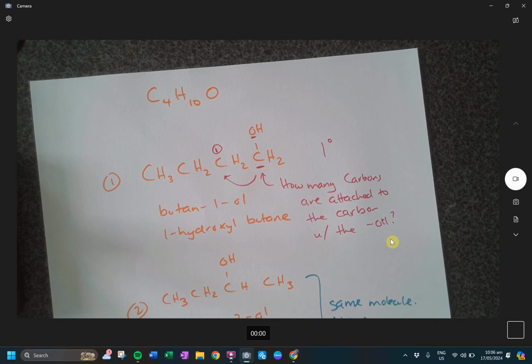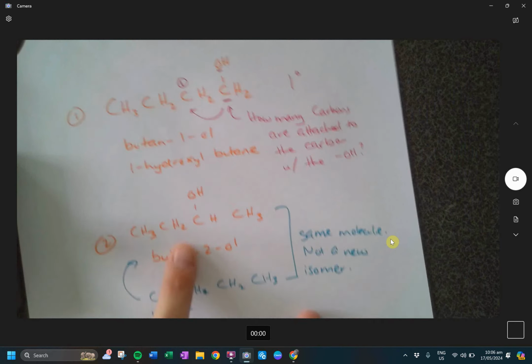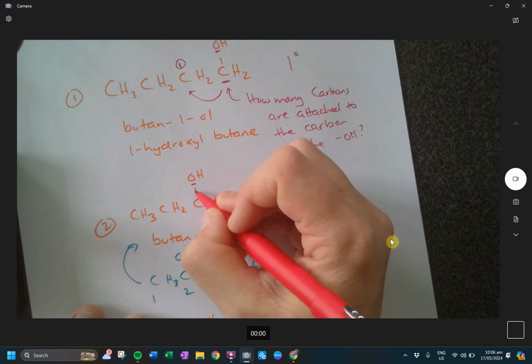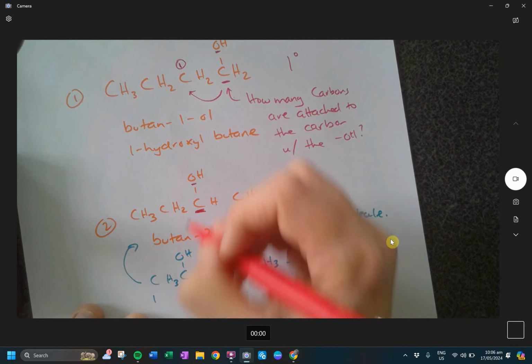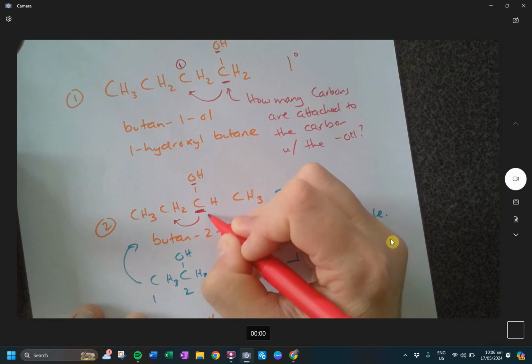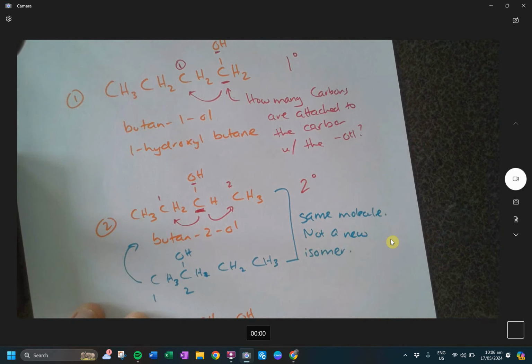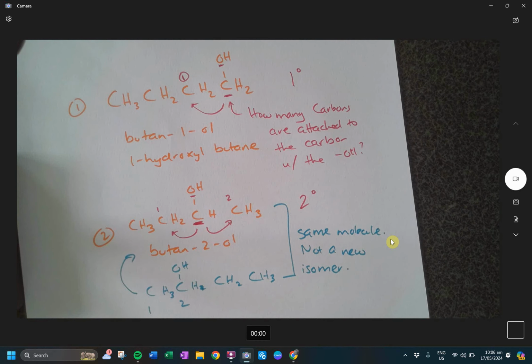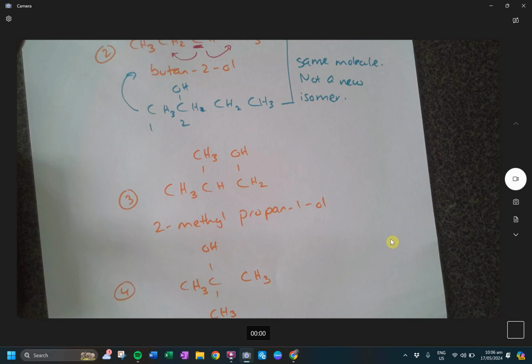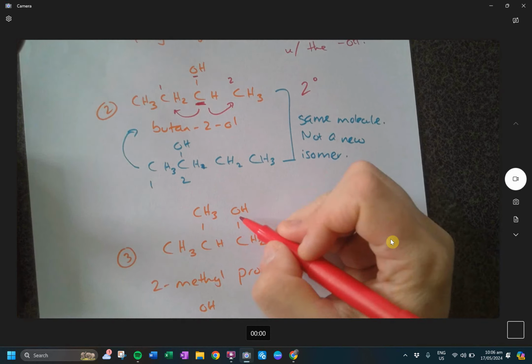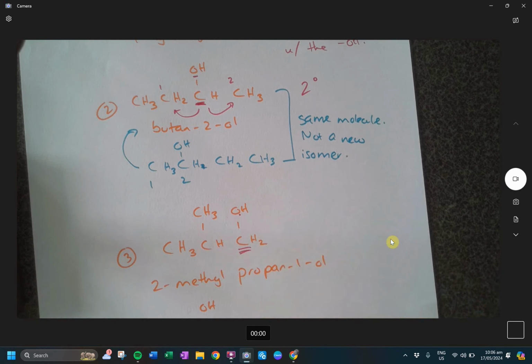Are we good so far? All right. This one over here, here's my alcohol. This is the carbon that's directly attached to it. 1, 2. So this is known as a secondary. I'll give you the other two examples. This one over here, this is my alcohol. That's the carbon it's attached to.